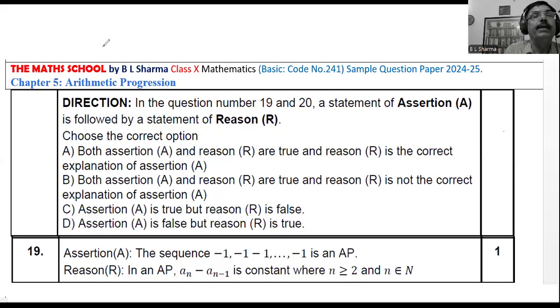Yes, we can write second term minus first term d, it should be constant, or we can write third term minus second term, that is also constant. So the n minus 1 should be at least 1. So n should be either 2 or greater than 2. So R is correct.